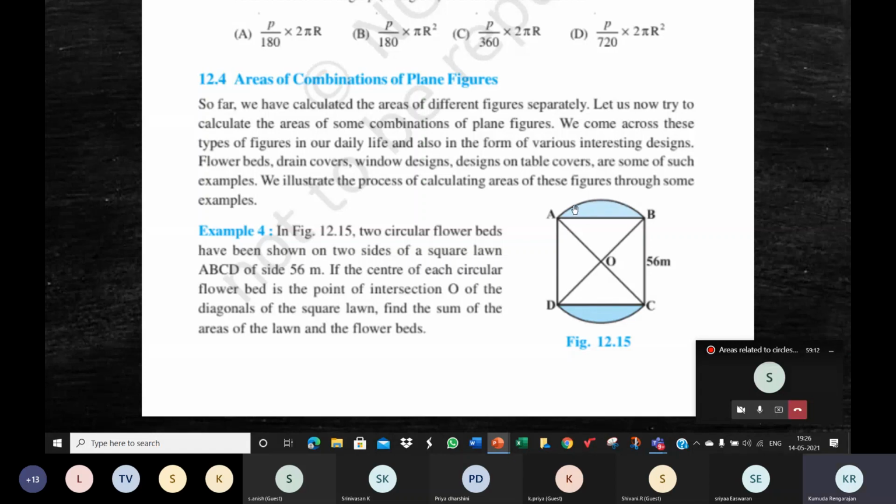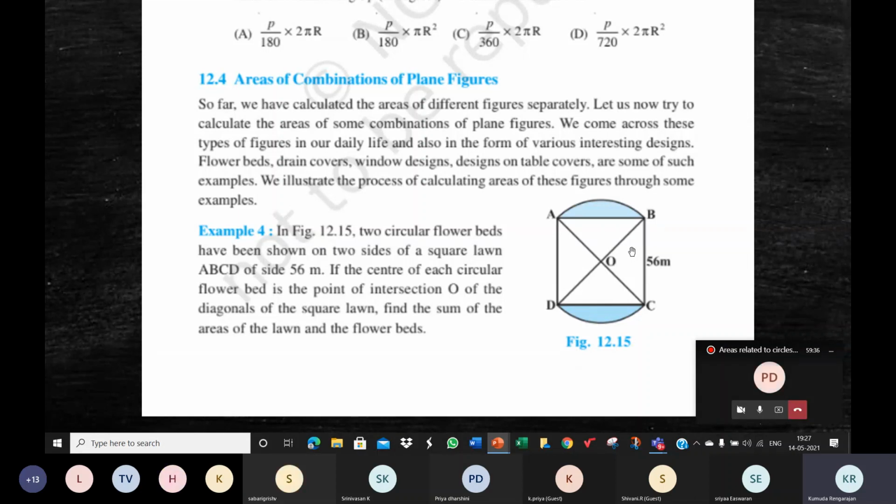In the first approach, we found the area of the circular flower bed separately, square separately, and we found the sum. That is one way of doing it. Otherwise, you can find the area of this quadrant, find the area of this triangle. Area of this quadrant is equal to the area of this quadrant. Area of this triangle is equal to the area of this triangle.